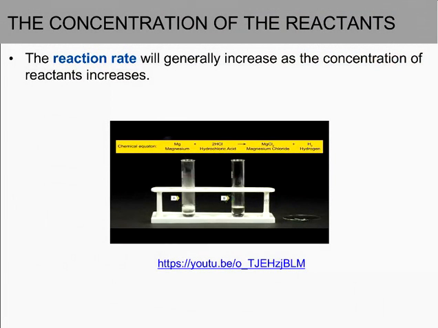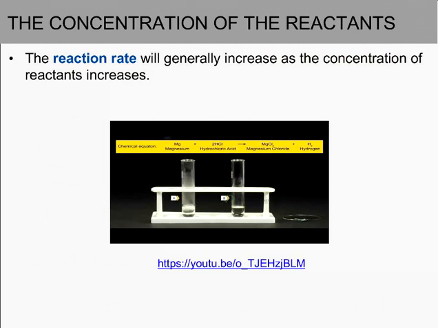So that was a very soothing video. I like the music. So this is a reaction that we saw in a previous lab where magnesium and hydrochloric acid react to produce magnesium chloride and hydrogen gas. And in the test tube on the left, so test tube A, that had dilute hydrochloric acid.